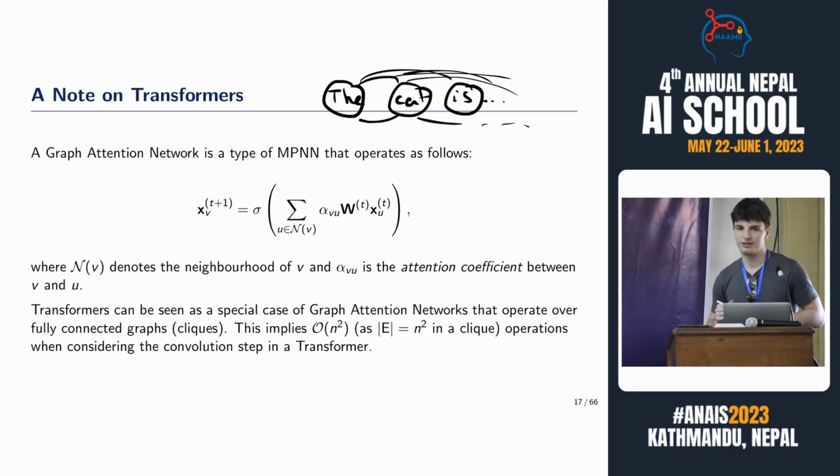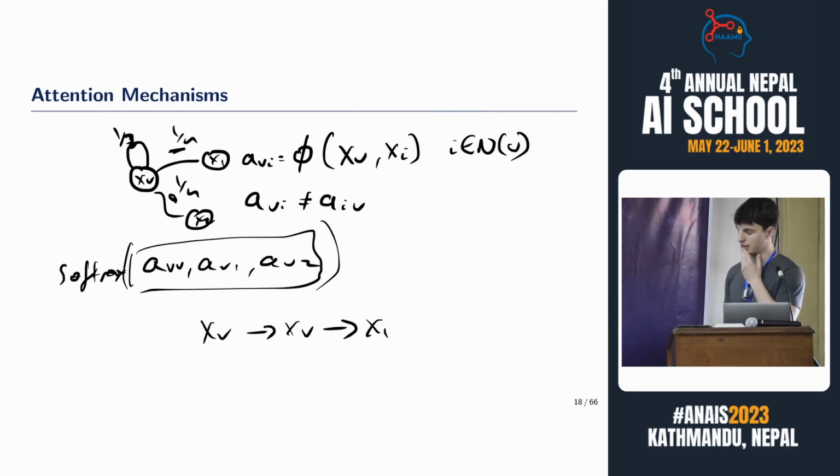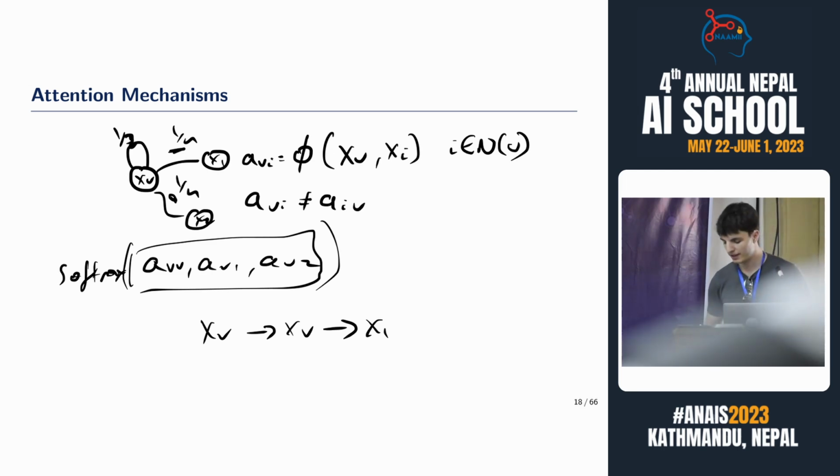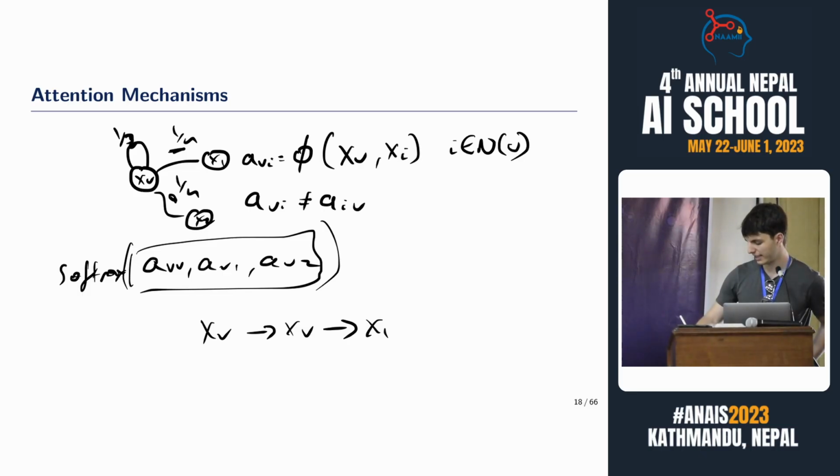Now, just to go over how these attention mechanisms work, imagine I want to compute the attention with respect to a node, let's call it xv, and this node is connected to x1 and x2, and maybe it is connected to itself. Now what they do is they have a neural network, phi, that takes xv and some of its neighbors, i in the neighborhood of v, and this will be your activation vi.